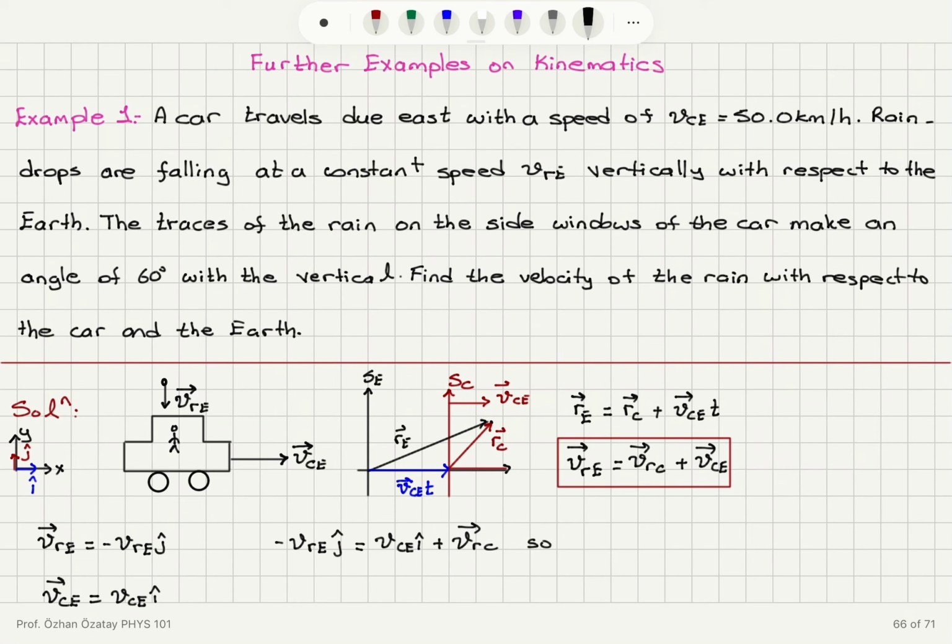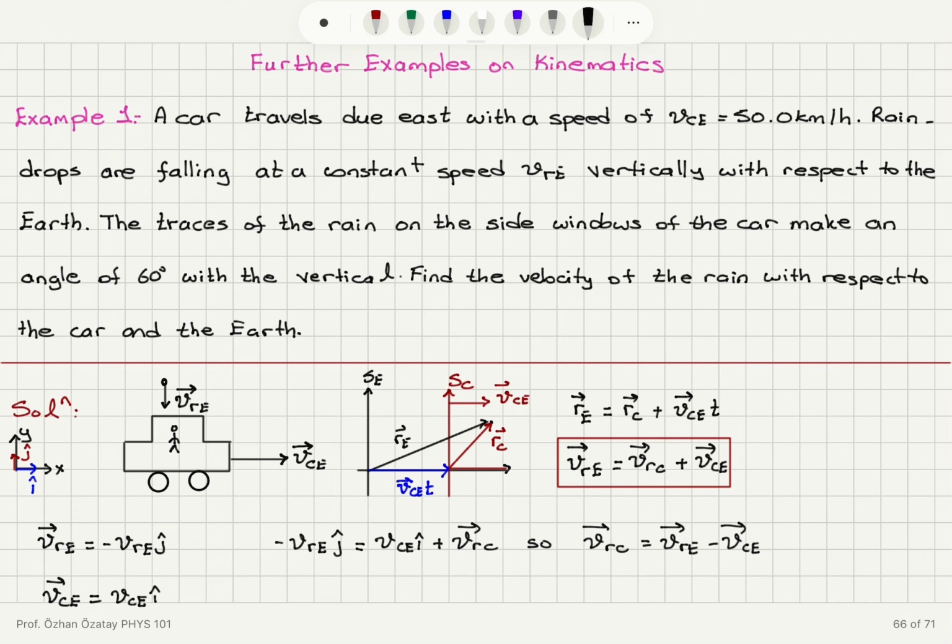So you can see that the velocity of the raindrop with respect to the car reference frame is velocity of the rain with respect to the Earth reference frame minus velocity of the car with respect to the Earth reference frame. So that is what I obtained from the Galilean transformation equation.